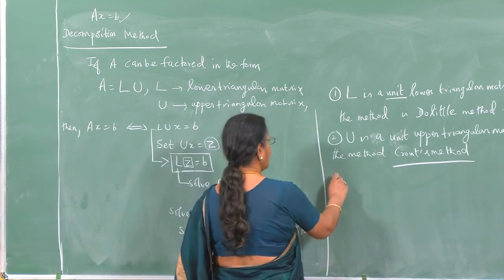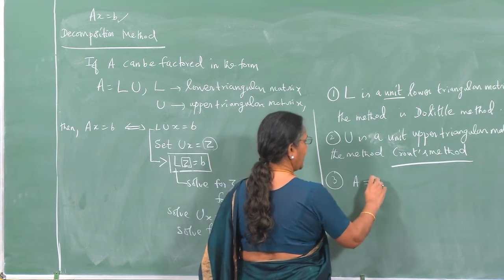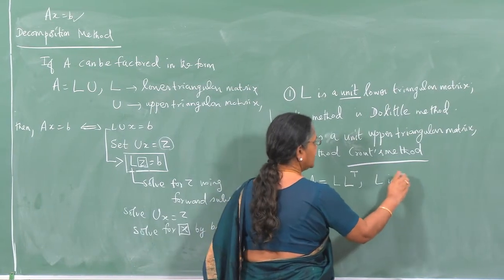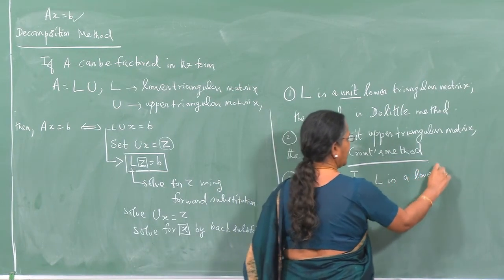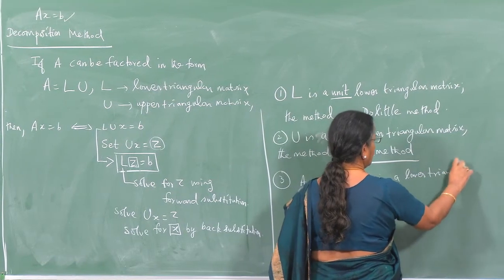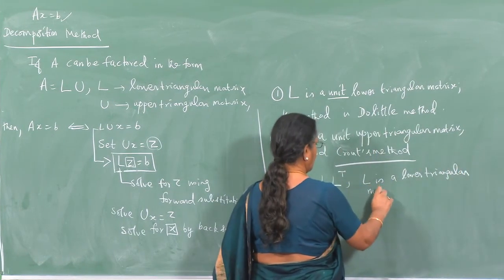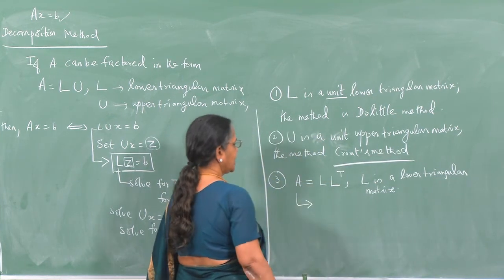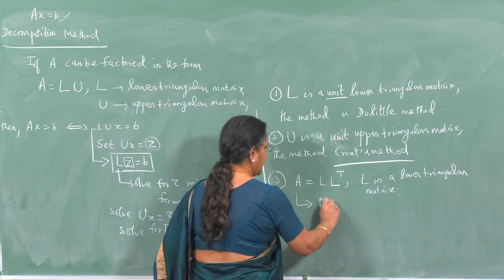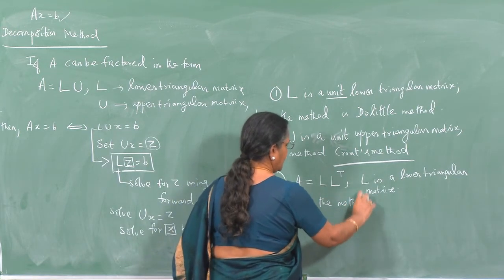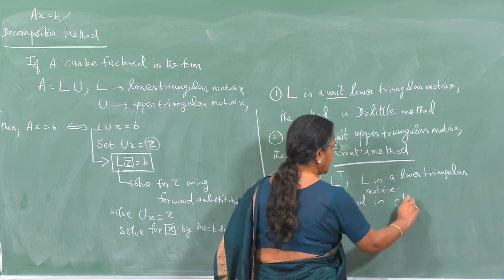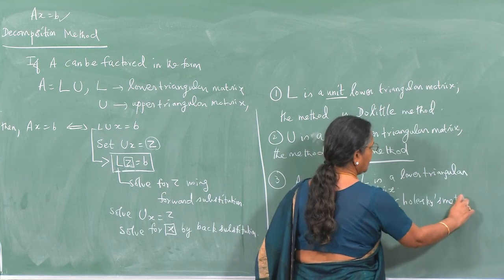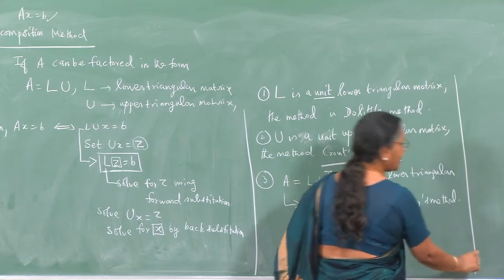And thirdly, if you can write down A in the form L into L transpose, where L is a lower triangular matrix, then solve the system of equations. The resulting method is called Cholesky's method.